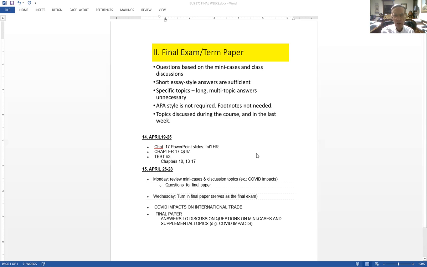So that's it. That's how the course will end. That's what this final paper or final exam/term paper is all about. There's no final exam, but there is test number 3, which will be similar in format to tests number 1 and 2.